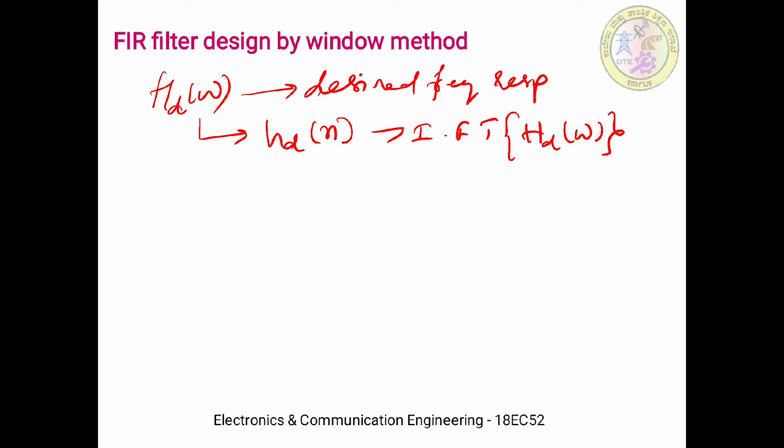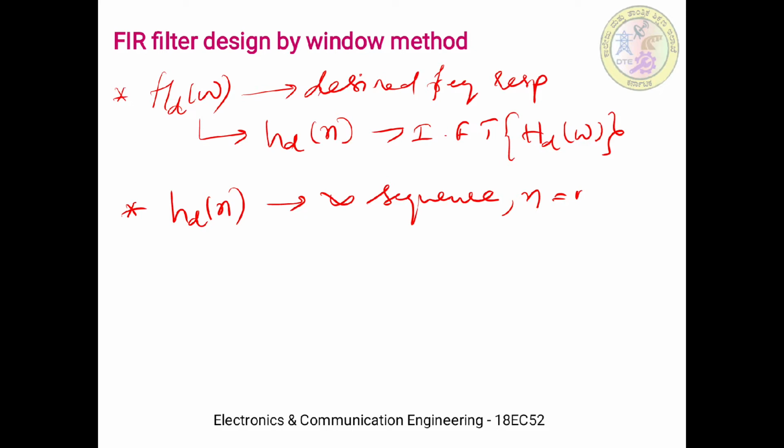But the nature of this HD of n is infinite, so it is an infinite sequence, and this must be truncated to some point, for example at n equal to M minus 1, in order to give an FIR filter of length M. Here the capital M represents the length of the filter.